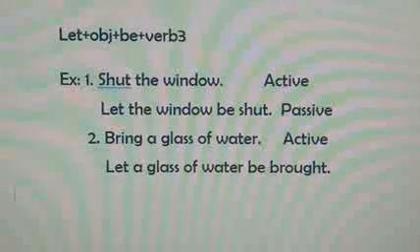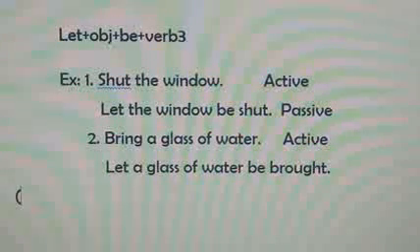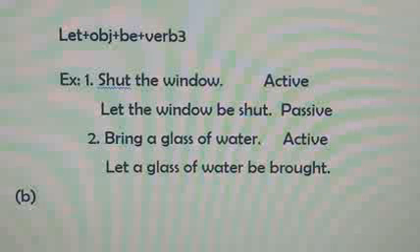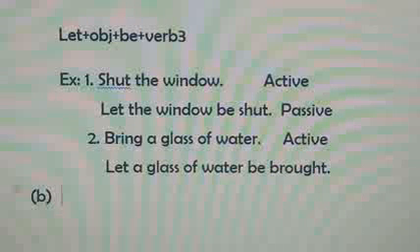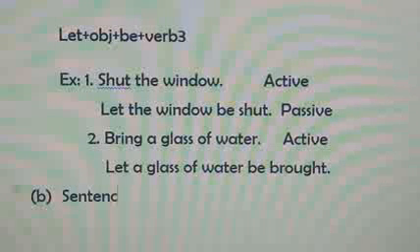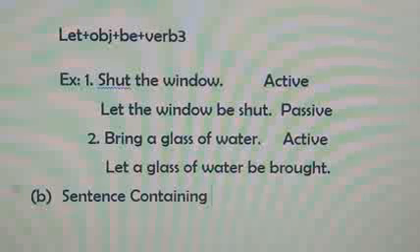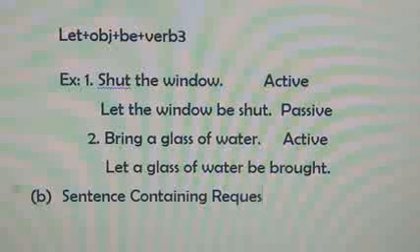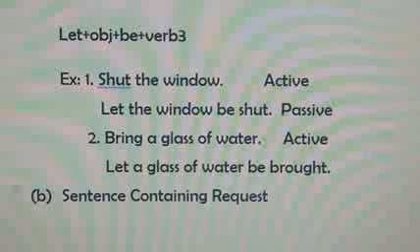The other group is sentences containing request. Sentence containing request.